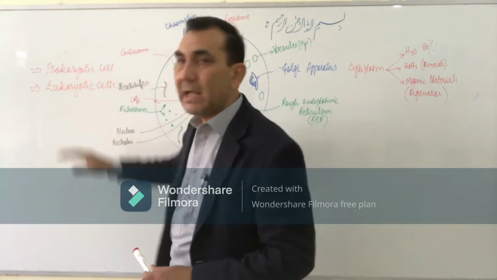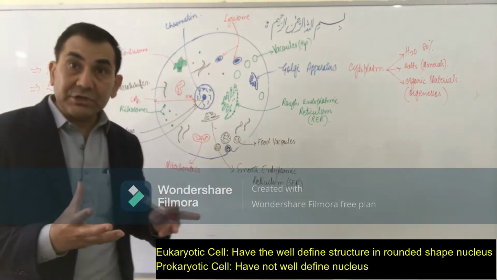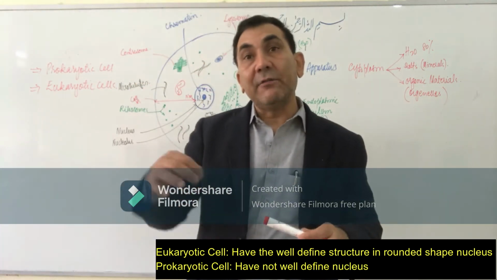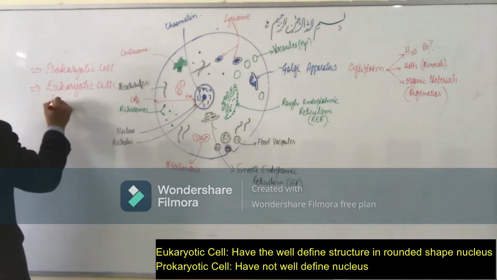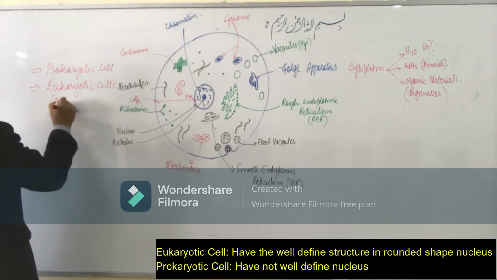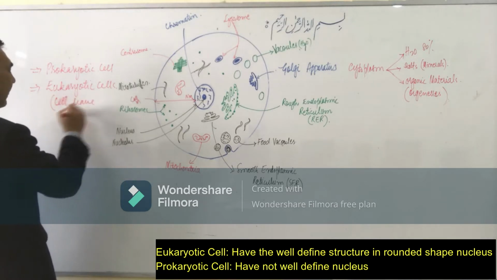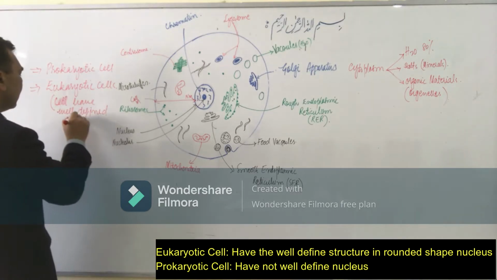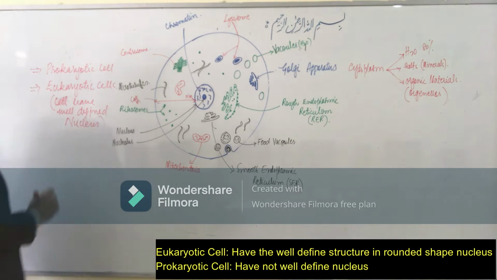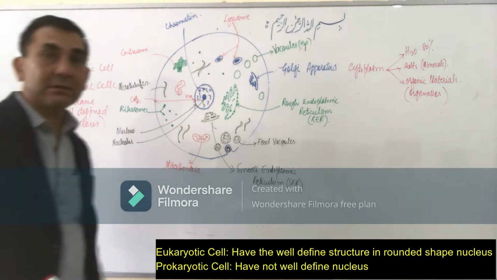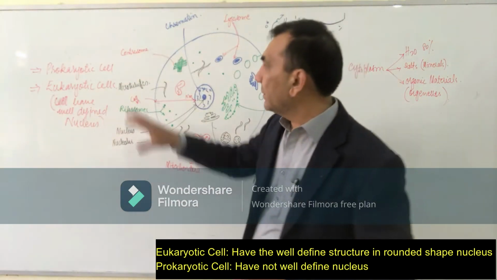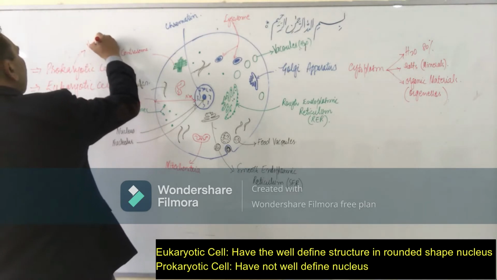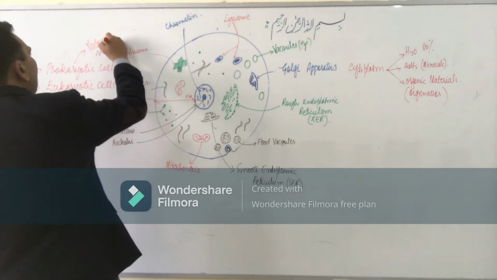In eukaryotic cells the nucleus is rounded in shape and well defined in its structure. But in prokaryotic cells the nuclear material is not in a well-defined shape.